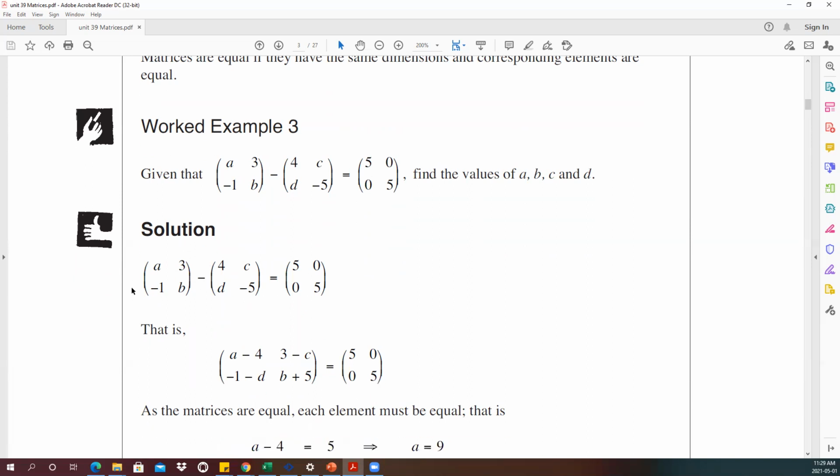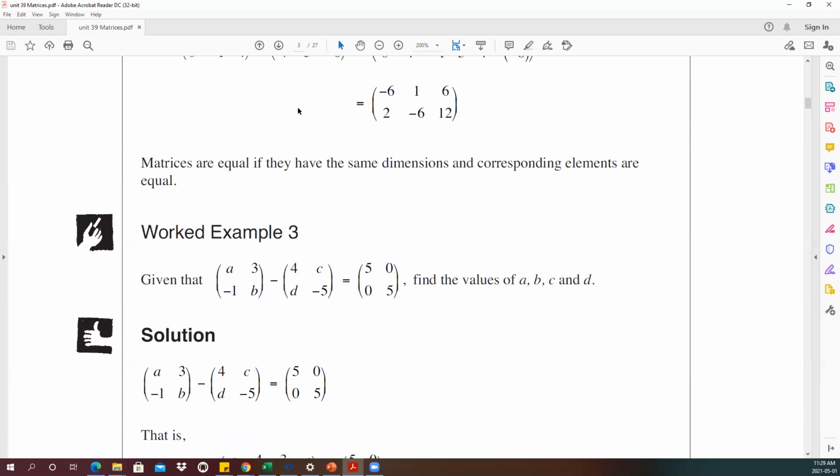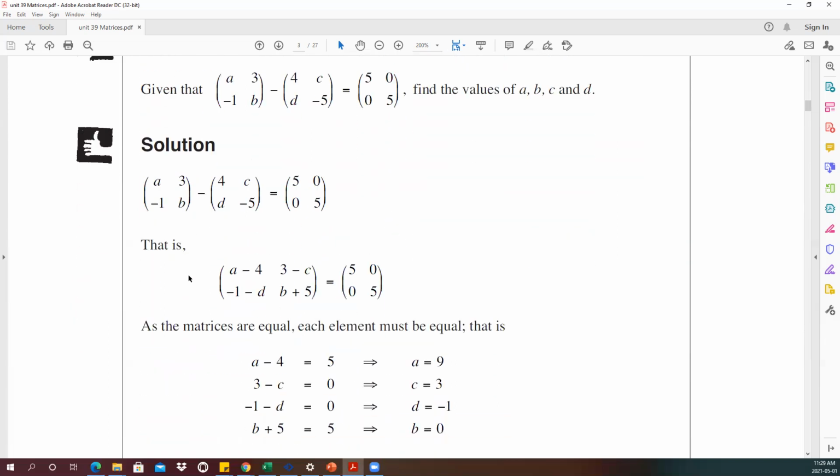So all you do is follow the concept above where you subtracted corresponding elements of both matrices. So look here, you have A, you have 4. So A minus 4, because it's asking to subtract. So A minus 4 is equal to 5. Another one, 3 minus C is equal to 0.